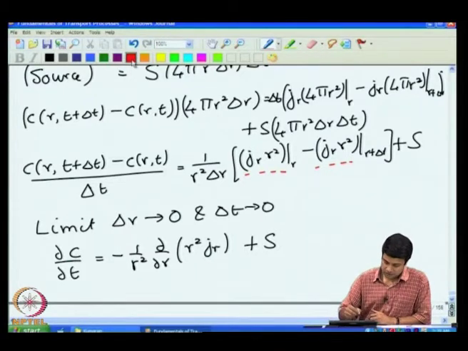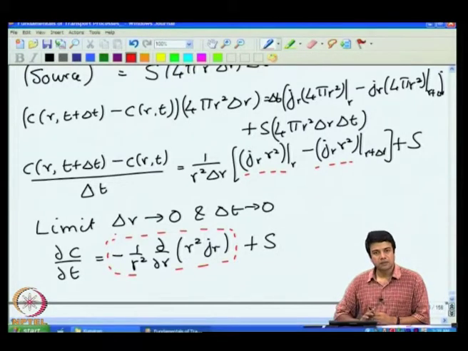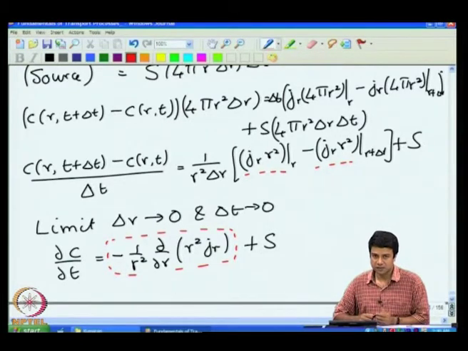So, this is the concentration equation. Note that this term here is the diffusion term. When we did it in Cartesian coordinates, we had dJz by dz. When we did it in cylindrical coordinates, we had 1 over r d by dr of r times J r. Now, we are doing it in a spherical coordinate system.